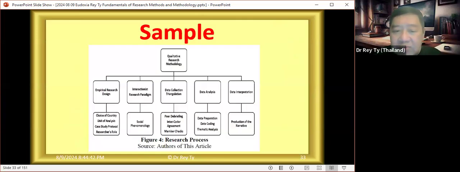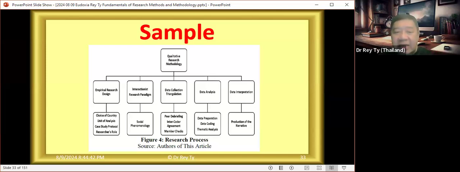This is a sample of my actual paper. This is my methodology for a paper I wrote, which was published. So I explained I'm doing an empirical research and I have this interactionist research design and I do triangulation and my data analysis involves data coding, thematic analysis, and data interpretation would include the iterative production of new knowledge.